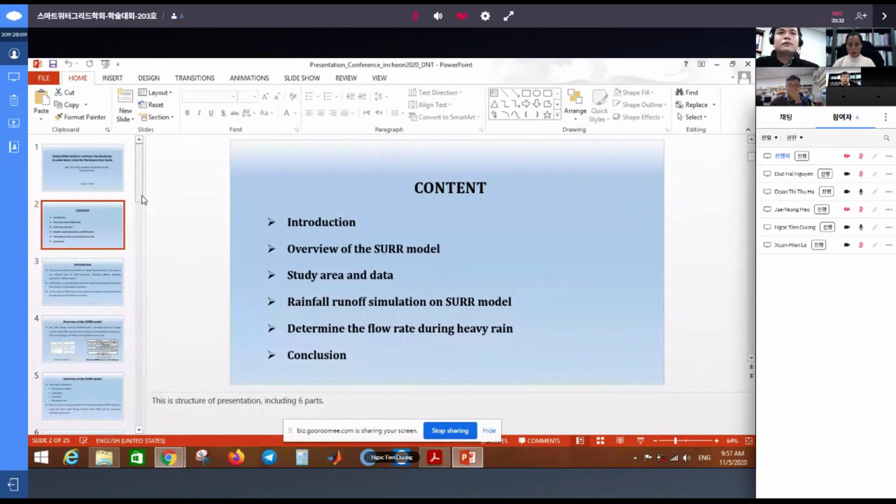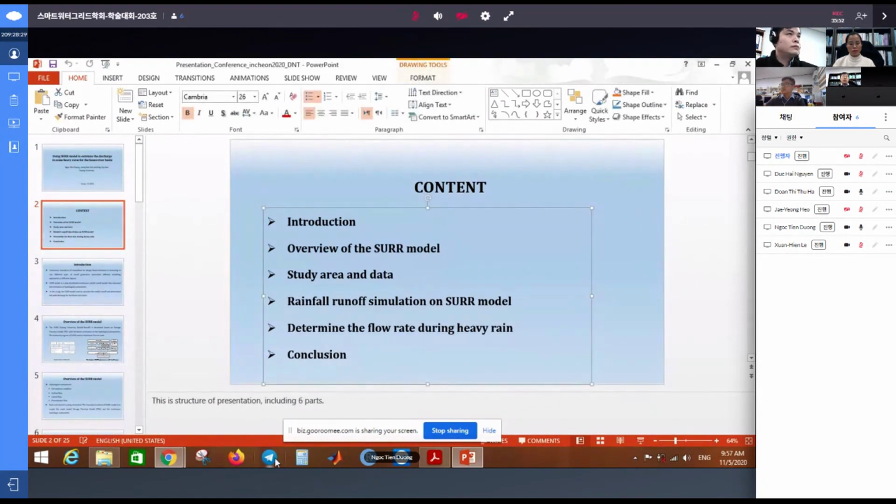This is the structure of my presentation, which includes six parts: introduction, overview of SUR model, study area and data, rainfall runoff simulation, determine loss, and conclusion.